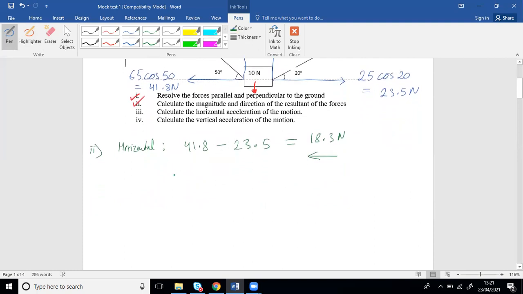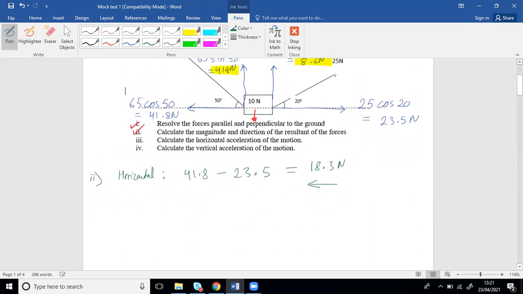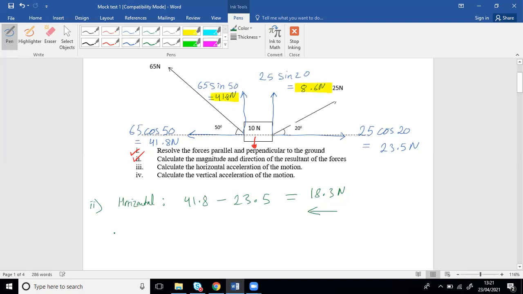So therefore, the vertical would be 41.8 plus 8.6, and I need to subtract 10 from that. 40.4 Newton. Okay, so that would be number 2.